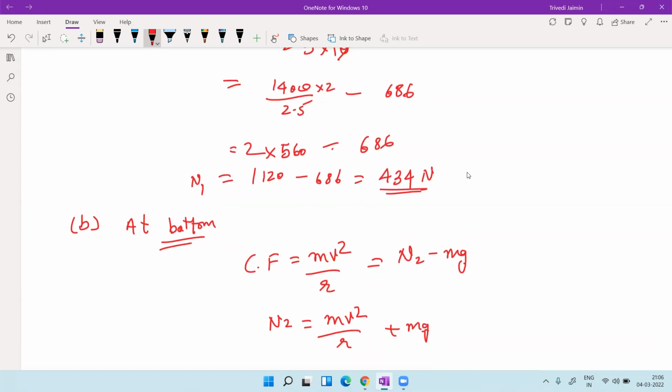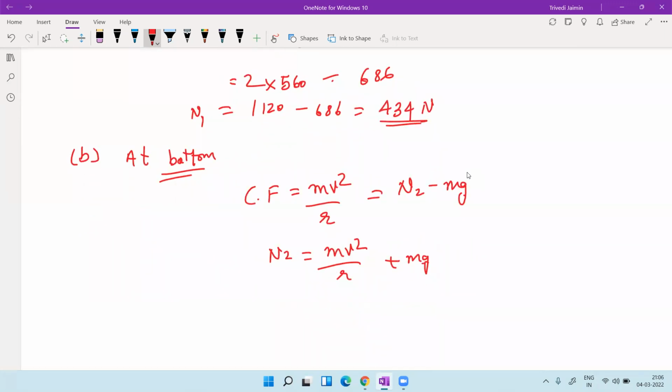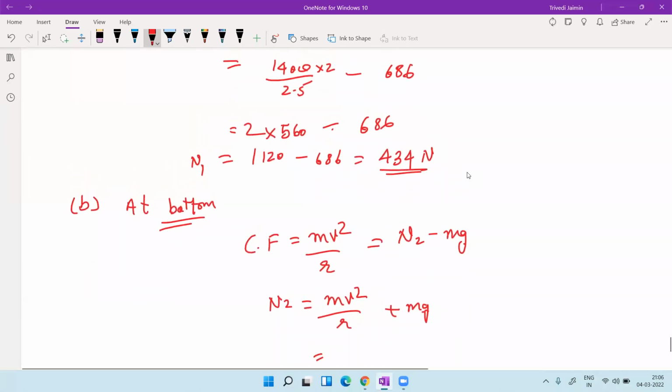So it will be 6, 8, 10, 7, 8. So 1, 8, 0, 6. I guess so, right? Am I correct? Check your calculation. I just calculated orally.